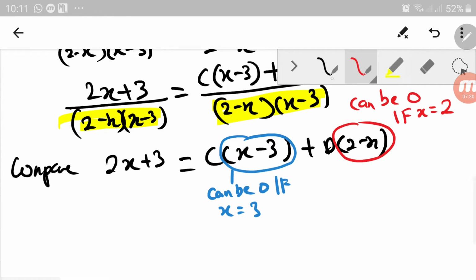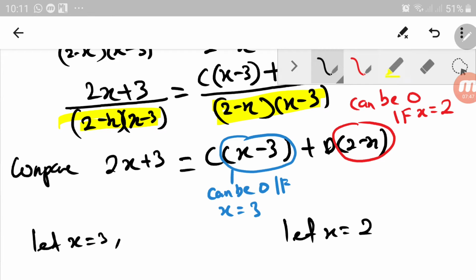So by using these special properties of the equation, it can help us find the answer faster by letting x equals 3 and letting x equals 2.